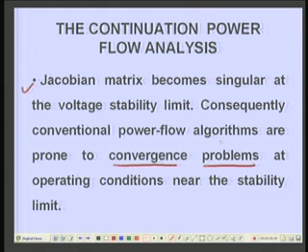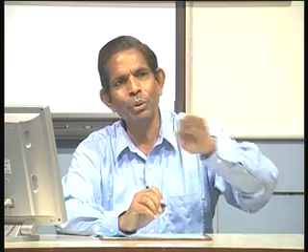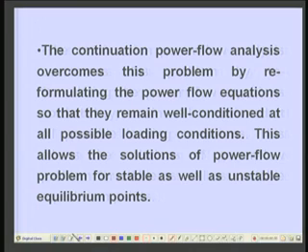If you try to plot what we call the PV curve, we can get certain points on the PV curve by conventional load flow analysis, but the moment you get closer to the instability point, you will find the Jacobian becomes singular. To solve this problem, the continuation power flow algorithm has been developed.